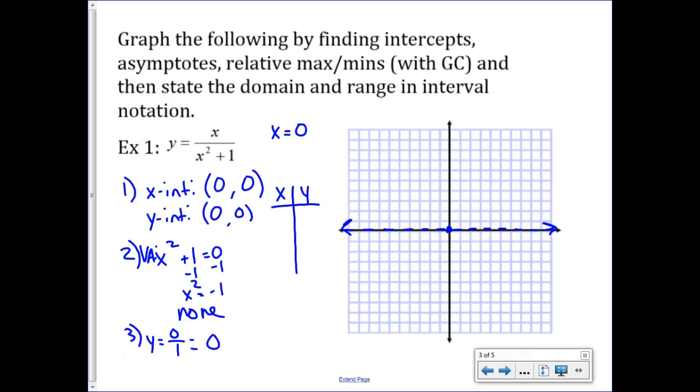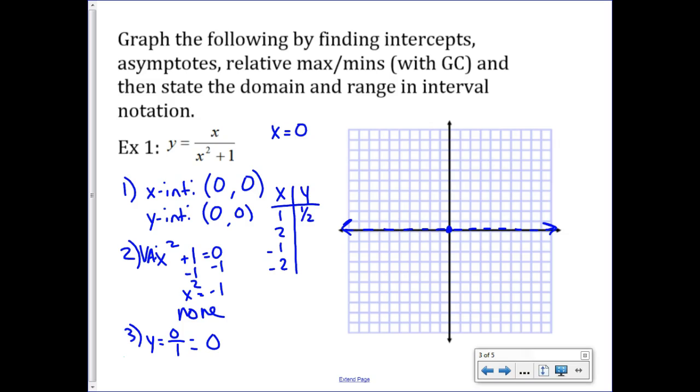So I'm going to pick a couple points. I'm going to pick 1, 2, and I'll pick -1 and -2, so opposite sides of that x-intercept, y-intercept is probably a pretty good bet for this one. If I plug in 1, 1 divided by 1 squared plus 1 is 1/2.